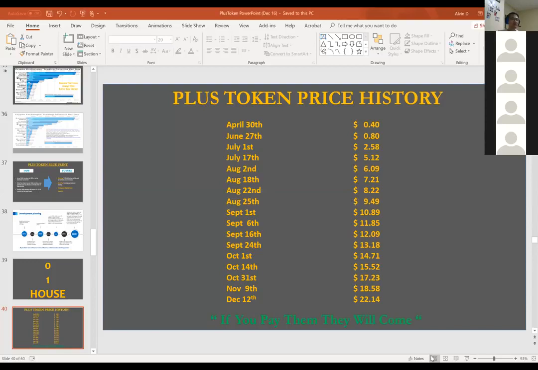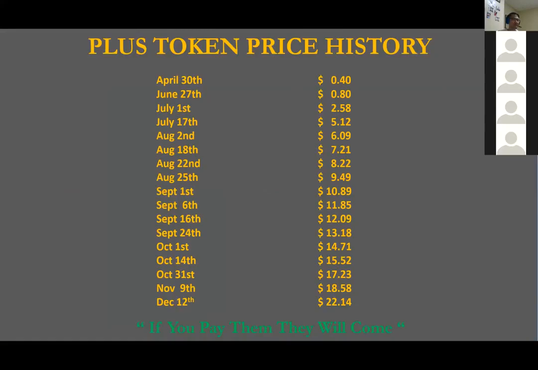Yep. Okay, so this is the list of all-time highs for the Plustoken price that we share during the presentations, and I always talk about how essentially the reason why it's been going up is because the membership's been going up. They grew from 8 original members on April 30th at 40 cents. When I got involved, I think there were maybe 500,000.